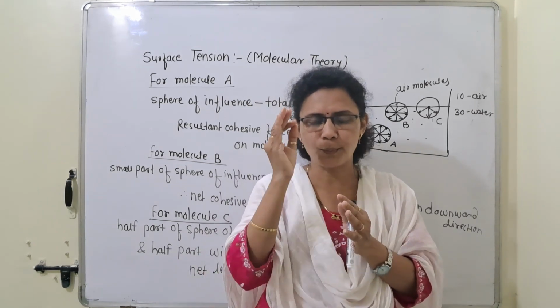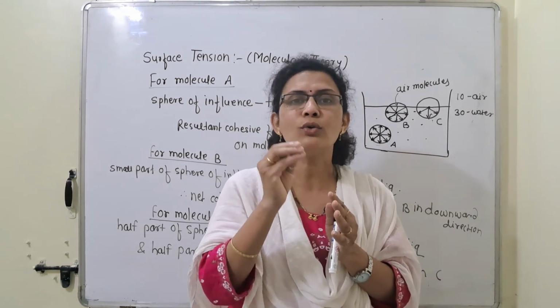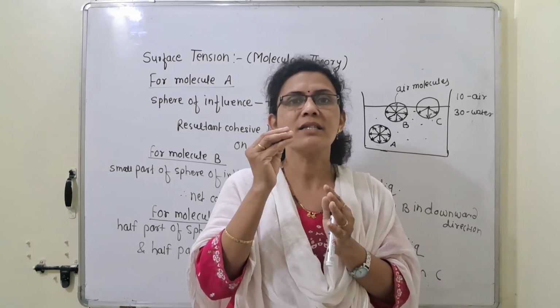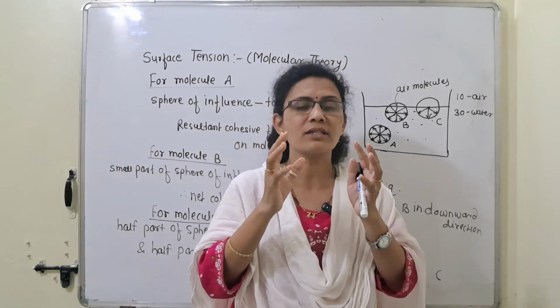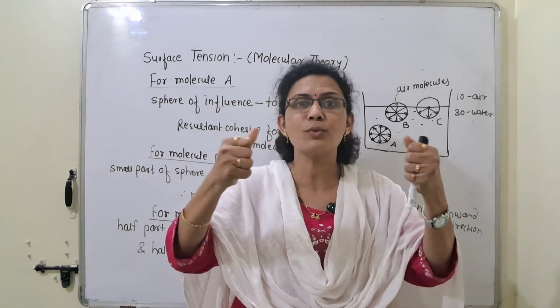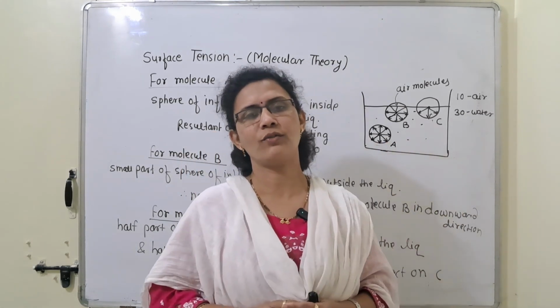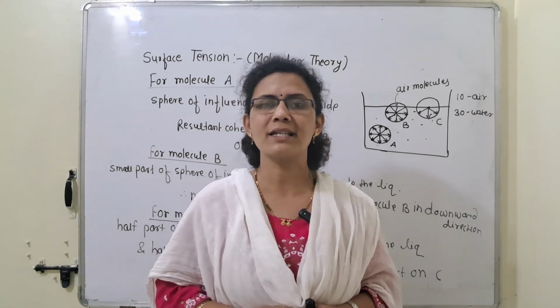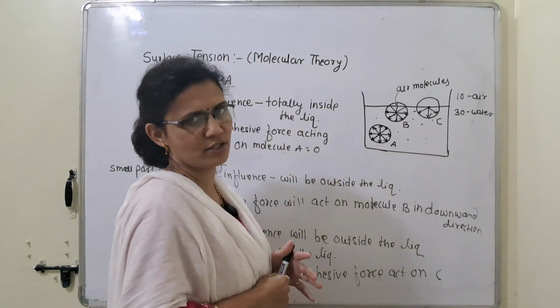Surface tension is the property of the fluid or property of the liquid due to which it acts such that it is under tension, or it acts like a stretched membrane. That is called surface tension.